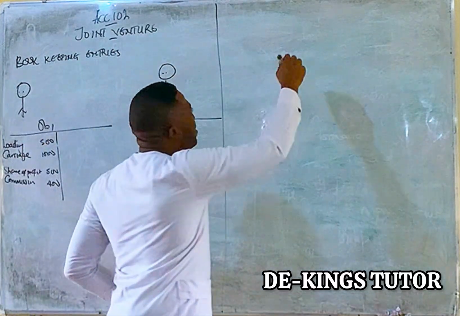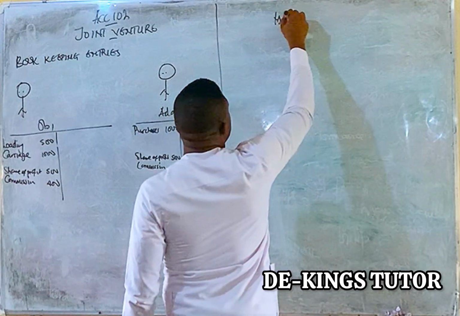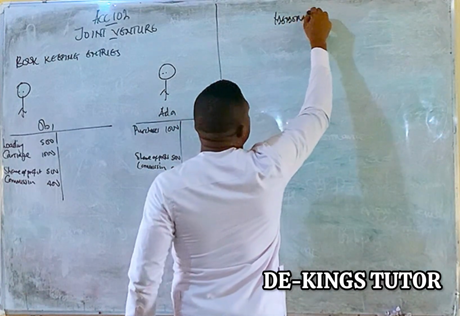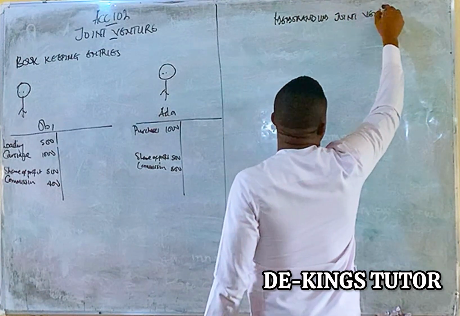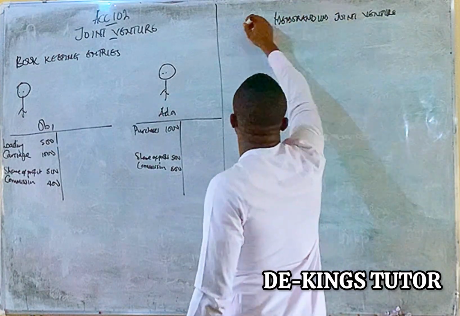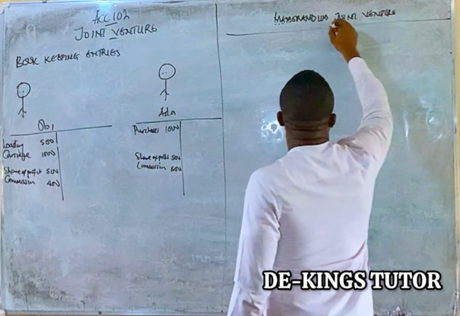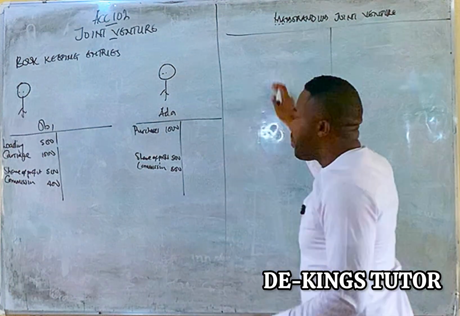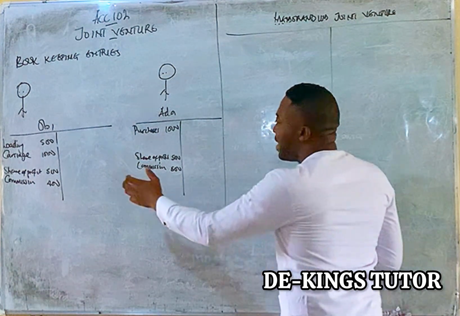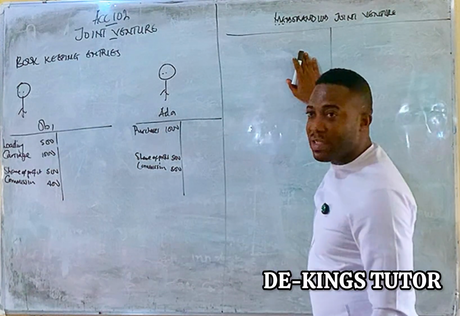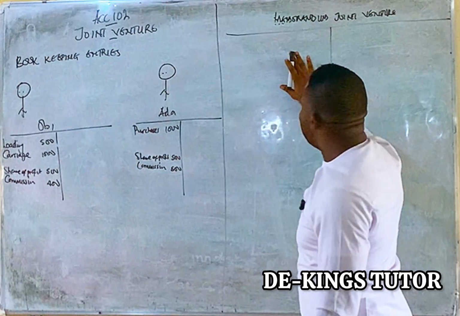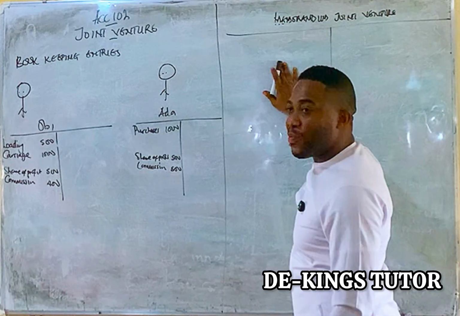Now, there is what we call memorandum joint venture. Now, the memorandum joint venture is where the collective values of all these are recorded. Now, as a matter of fact, this is where they generate their share of profit.